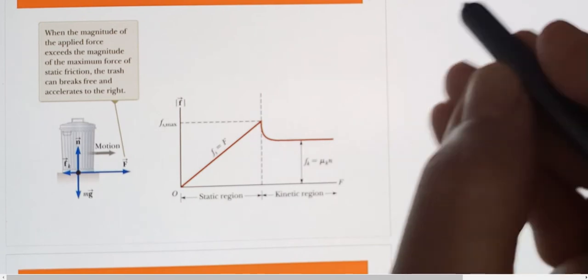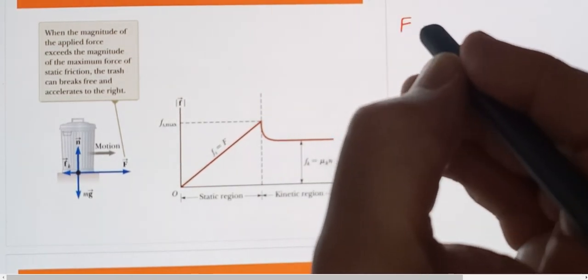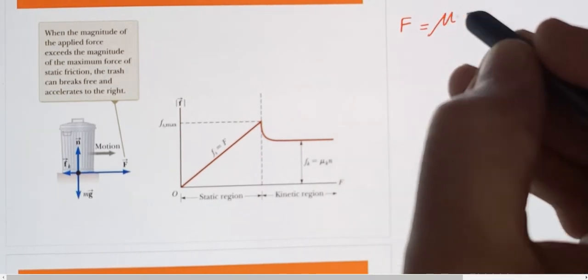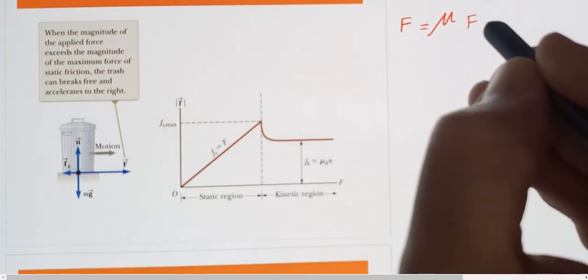Well, first of all, the friction equation is some kind of coefficient, we call it the friction coefficient, and it is multiplied by the normal force.